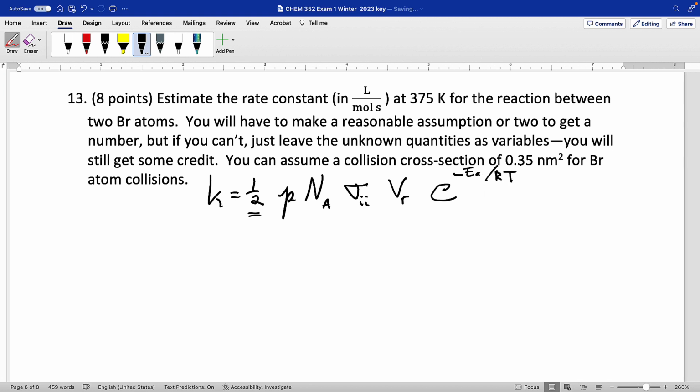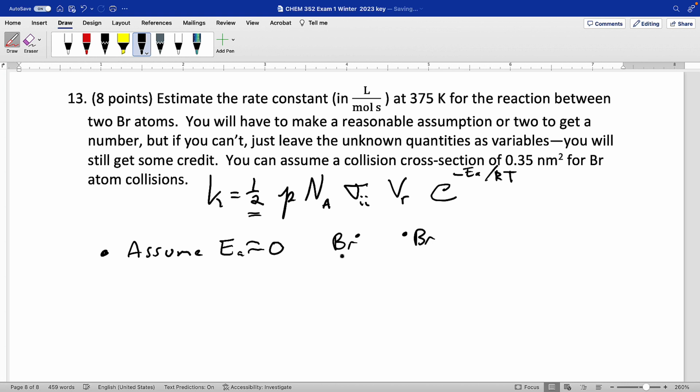Okay, so we can make some assumptions right away, and they're actually really good assumptions. One is, let's assume that the activation energy is approximately 0. So if we think about this reaction, we've got a bromine atom with no bonds coming with a bromine atom with no bonds. There's an unpaired electron.